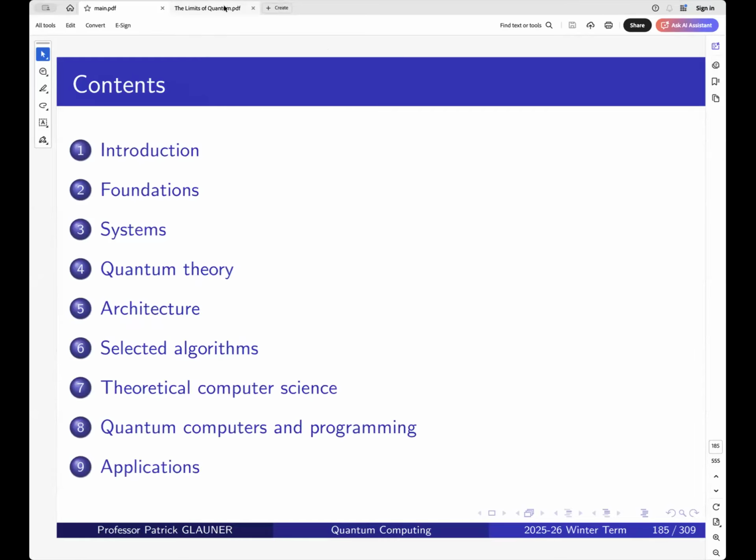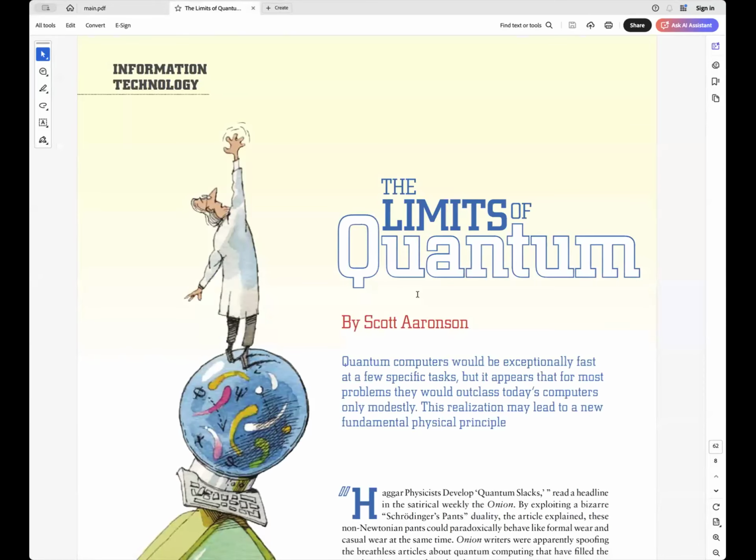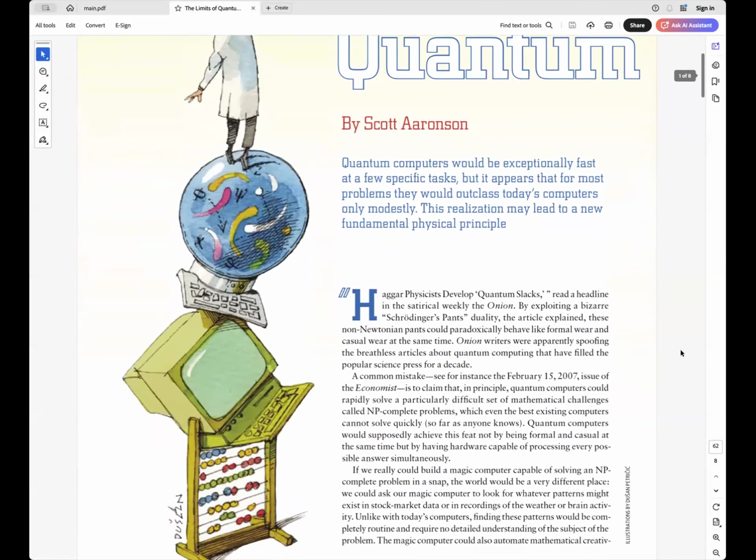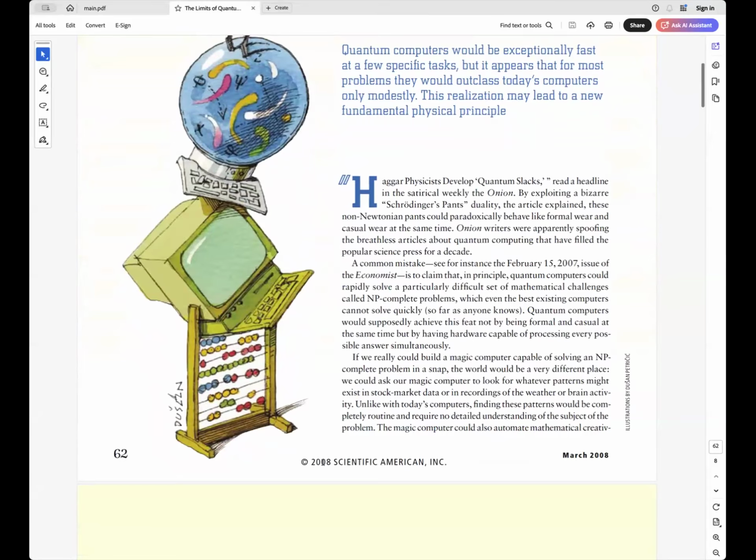And I also want you to read a chapter for next week. I had also informed you about this in iLearn. There's a paper called The Limits of Quantum that was published by Scott Aaronson in the Scientific American in 2008.